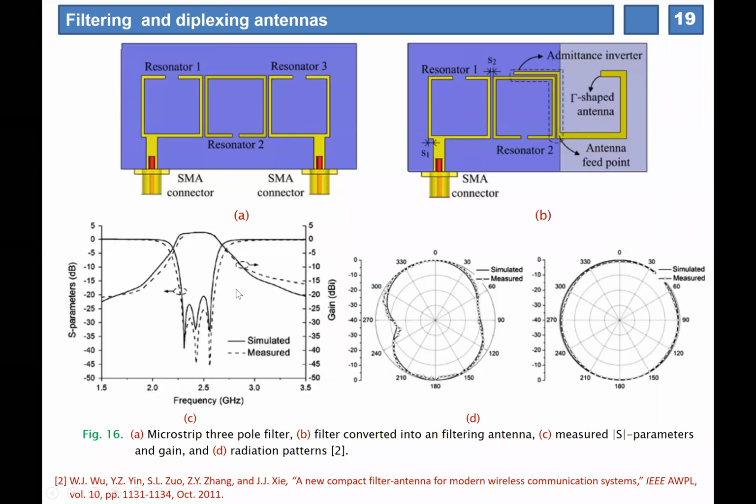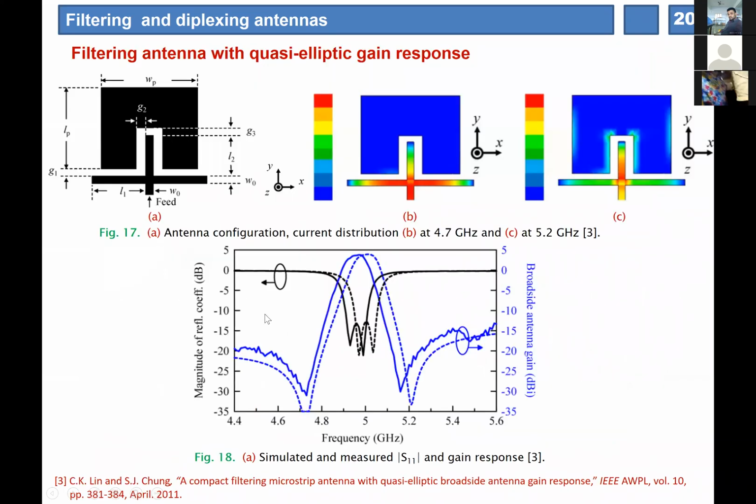That's why the band is now enhanced. You can see the bandwidth is quite high, and that you cannot get with one microstrip patch antenna or microstrip dipole antenna. So this broadening of band is a very attractive property of any filtering antenna.